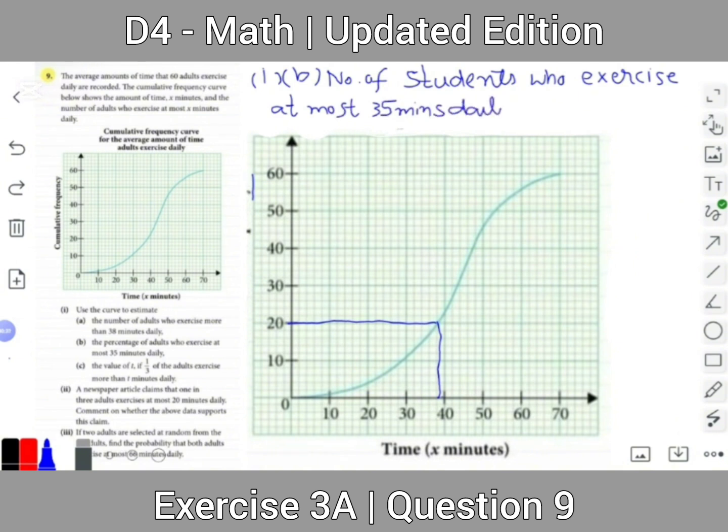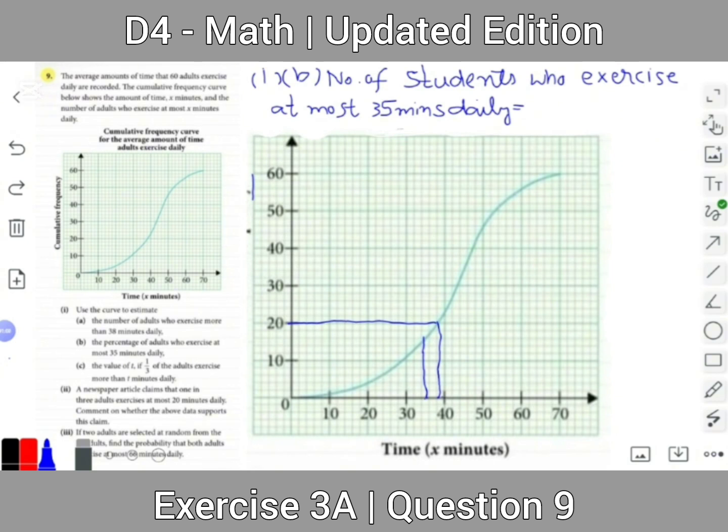From the curve, first we have to see where 35 lies. So we have 30, 32, 34, and 36, and somewhere between here we have 35. Now we draw a vertical line from the horizontal axis until it intersects the curve.